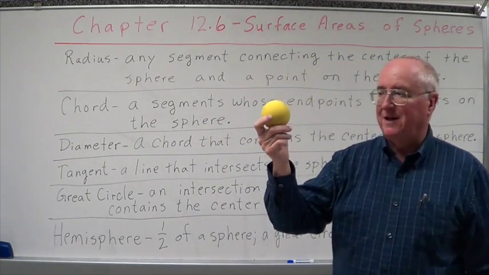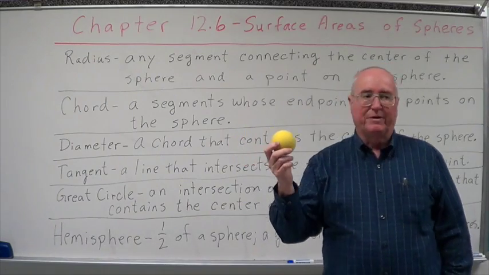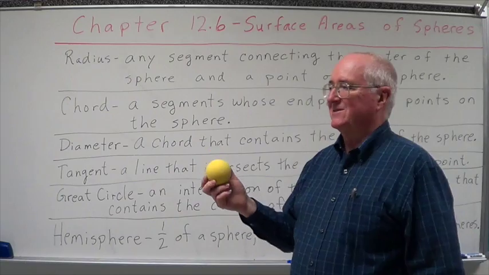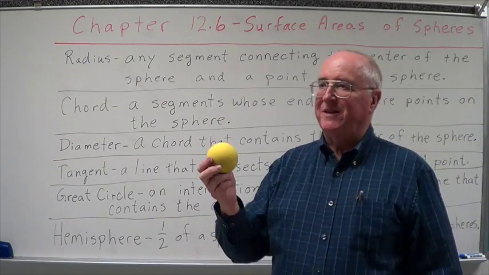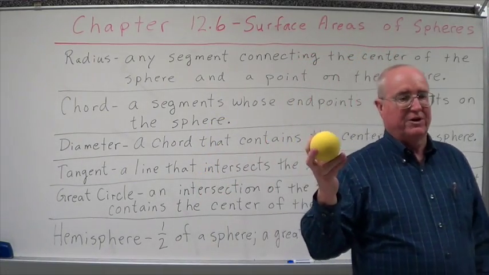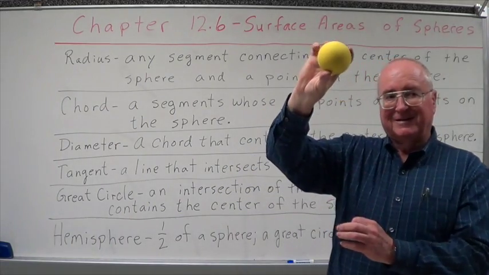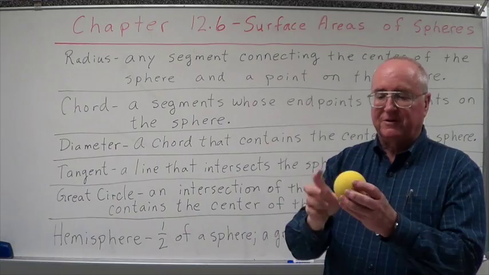Think about that. You have one point, collect all of the points that are the same distance from that one point. What are you going to have? You're going to have the surface of a sphere. That's what a sphere is, a surface.